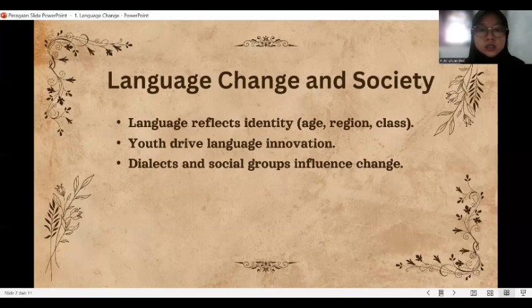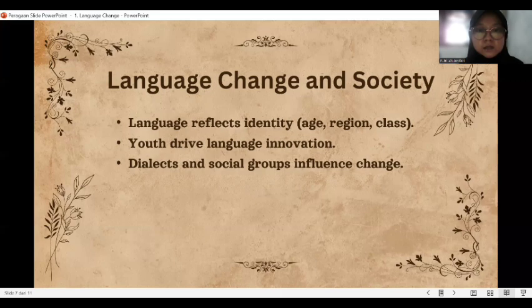Language change and society. Language reflects identity like age, region, and class. Language and society are deeply connected. As society changes, language also follows.